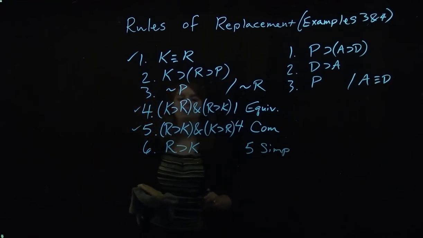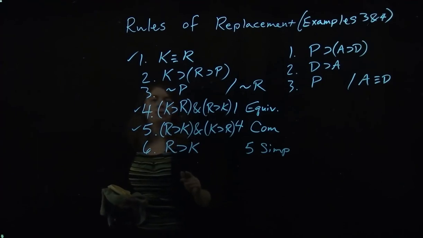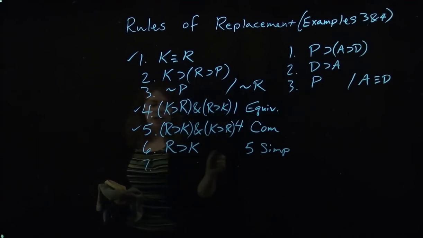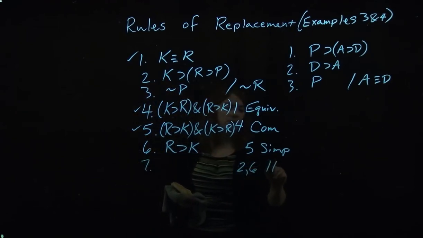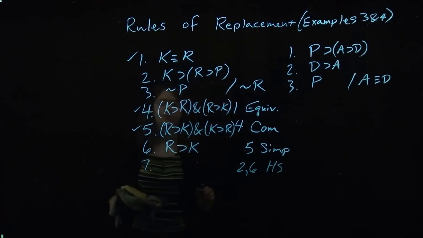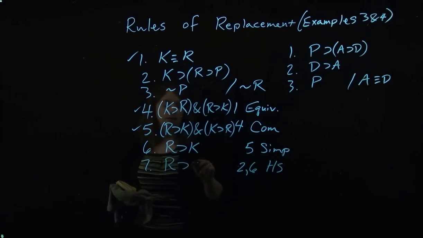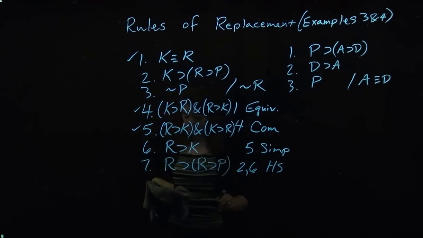Now we have the K's on opposite sides of the horseshoe, so on lines 2 and 6 we can do hypothetical syllogism. The K's drop out, and now we're left with this: R horseshoe R, horseshoe P.